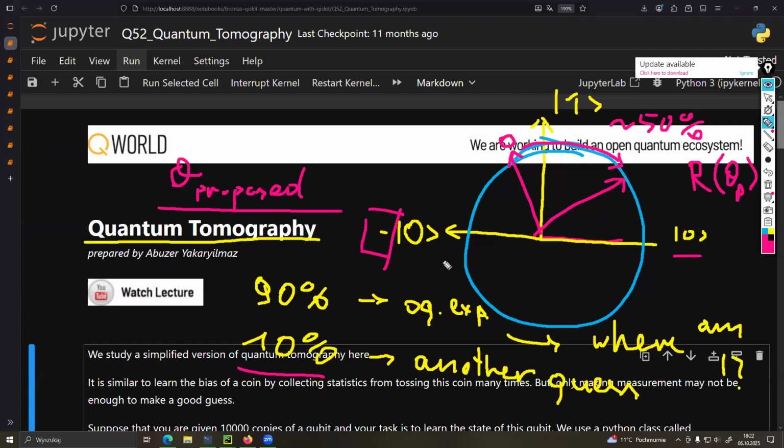So this is the method that we could use to, let's say, guess where we were in terms of our global phase.